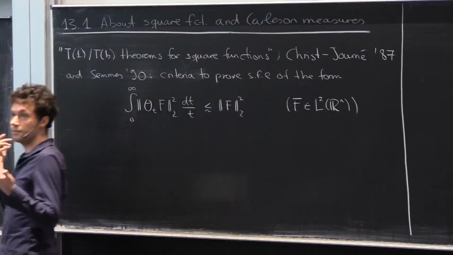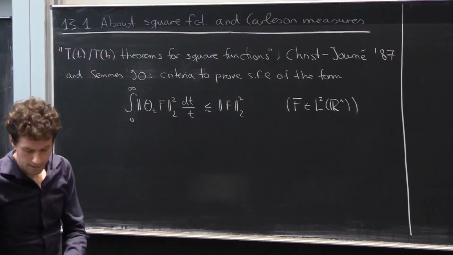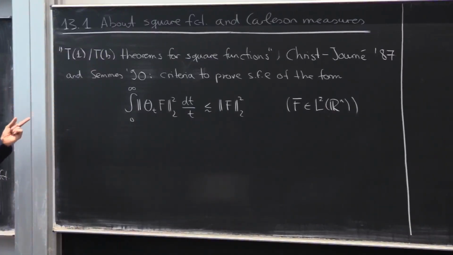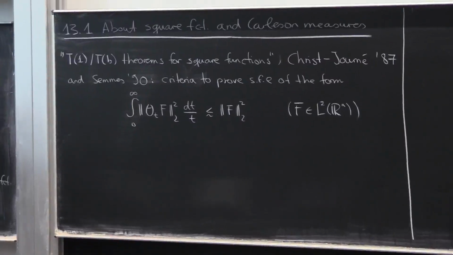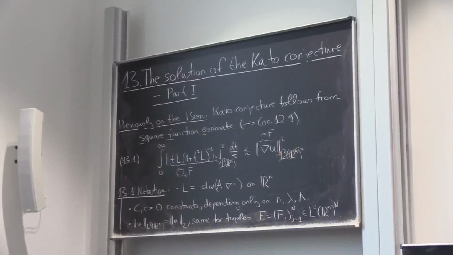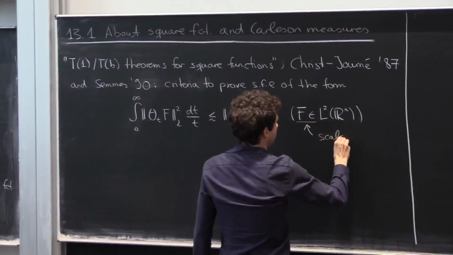Okay, so at first sight it looks precisely like what we're trying to do. Now, in these criteria, there's some obstructions that are going to make it impossible to apply these theorems off the shelf to the operator that we're trying to bound. Okay, so first of all, this is a scalar function.